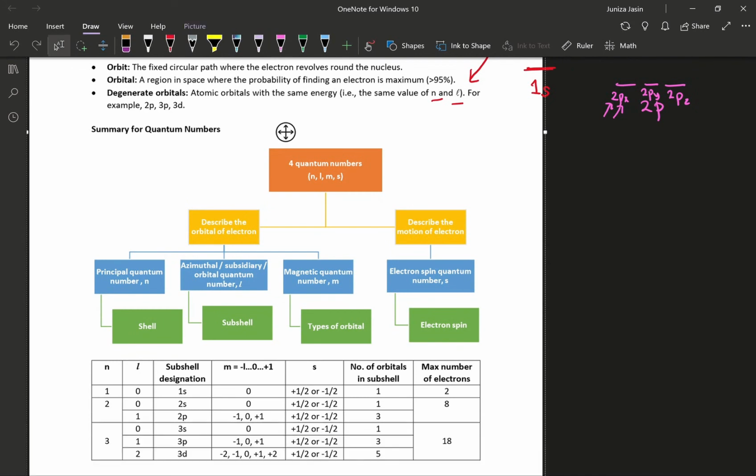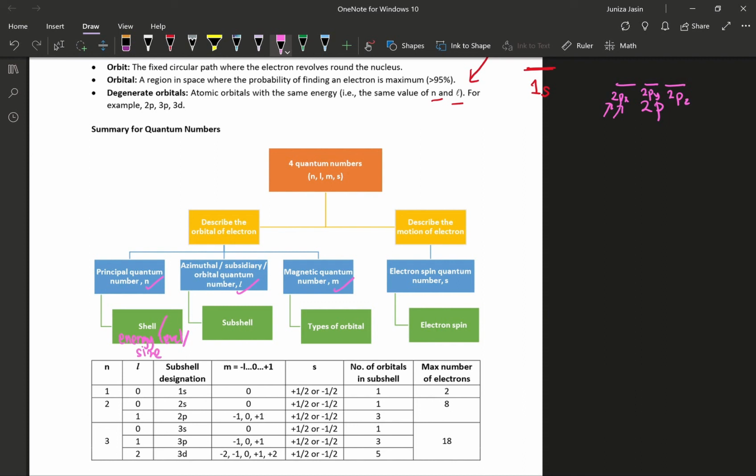Okay, orbital of electron is described by the quantum numbers N, L dan juga M. Okay, so for N, actually shell ataupun dia N tells you about the energy level juga, and then tells also about size.